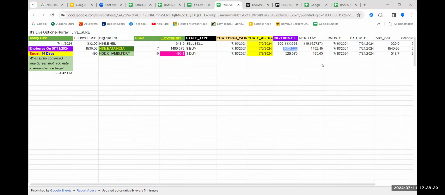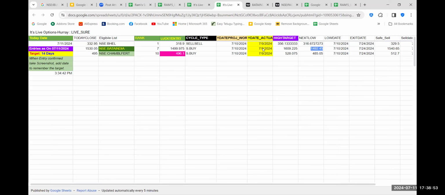Next low, we calculated, 1492 will be the next low. So the 1499 price has moved up, and we expected the next low probably will be 1492, which came on July 10th.